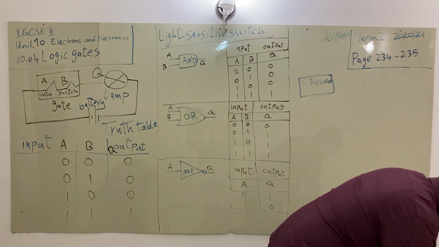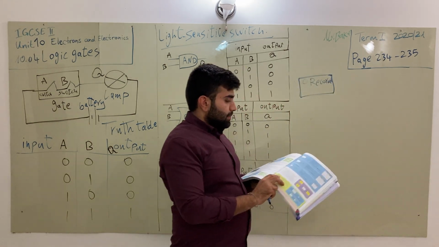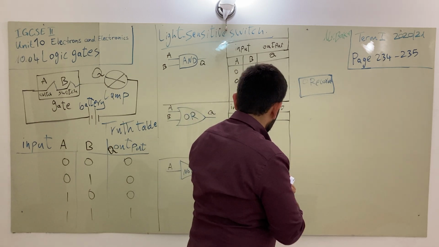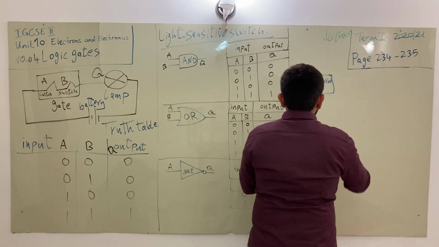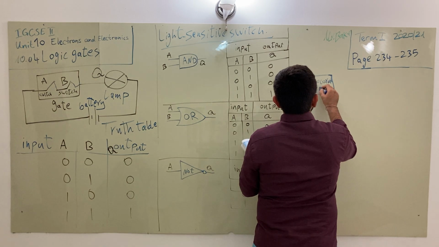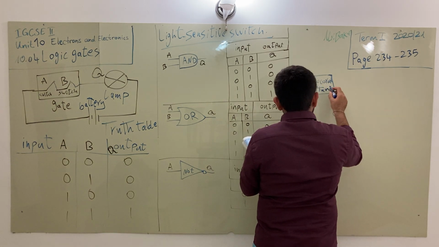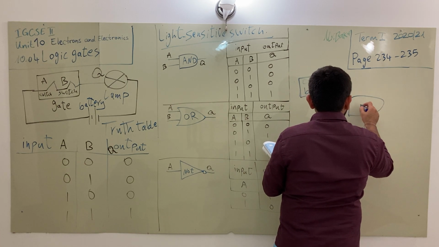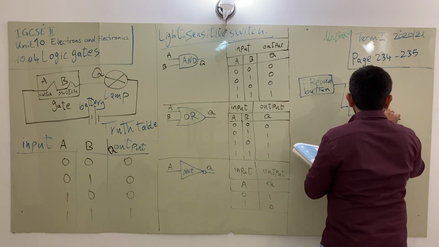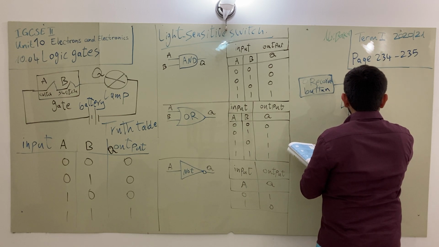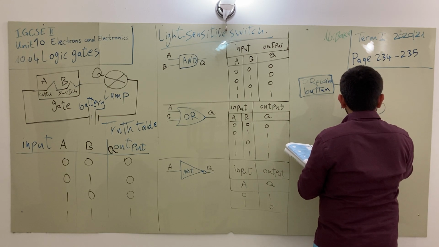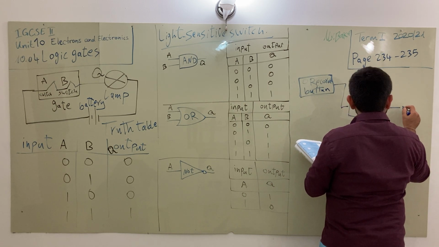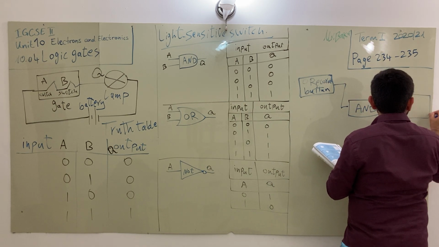You can see this drawing in your book, page 235. This record button is connected to the AND gate, to the recording circuit.